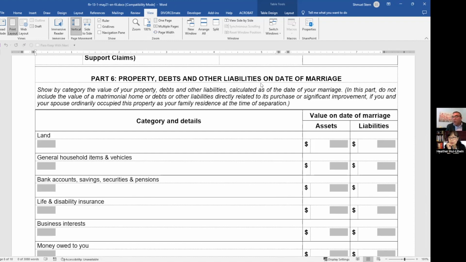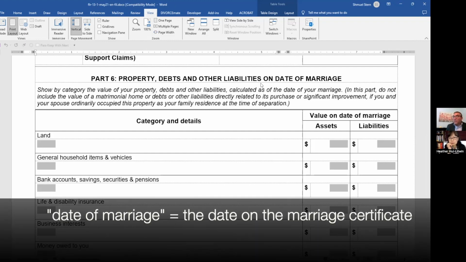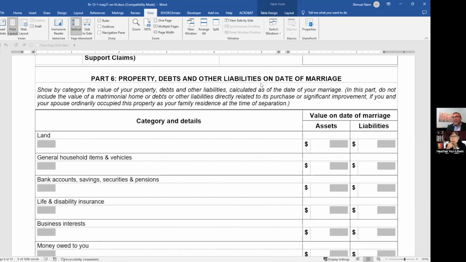We care about the City Hall part, not the wedding. You're going to be looking at your marriage certificate. And if you were married in a foreign jurisdiction, that's also married for our purposes, and find the certificate for that. If you don't have your marriage certificate, you can get it online from Service Ontario.